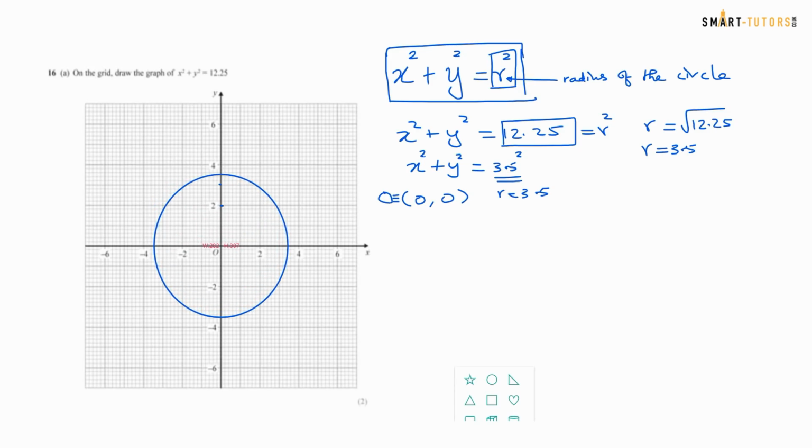So now I need to draw somewhere here. It's just roughly I'm drawing this one. As long as in your graph sheet this is 3.5, so this is 3 and between, 3 and 3.5. Everywhere 3.5, make sure it's drawn correctly, so you'll get these 2 marks. So that is the graph of x squared plus y squared equals 3.5 squared.